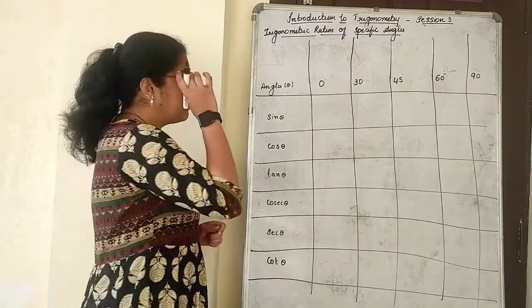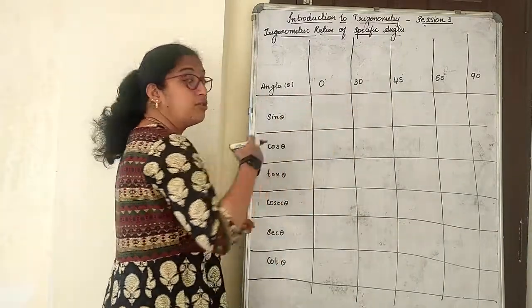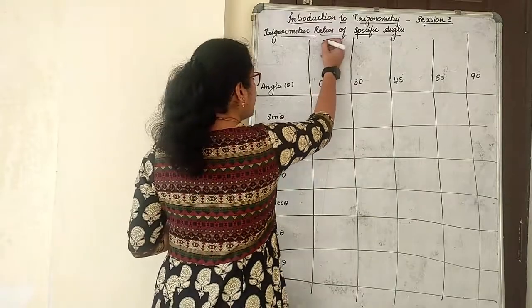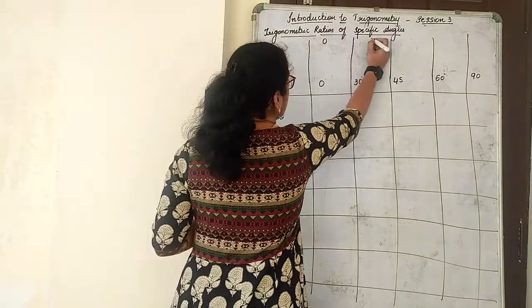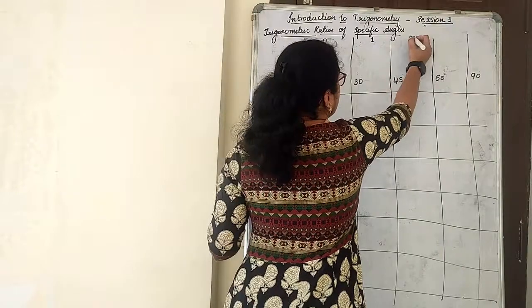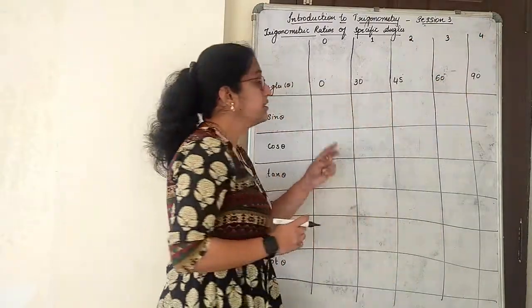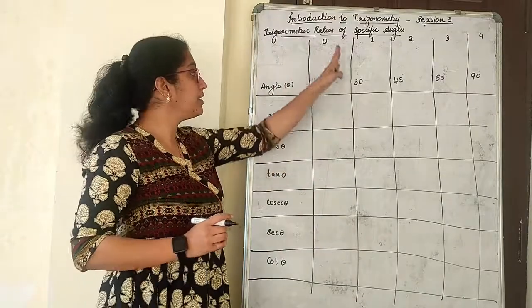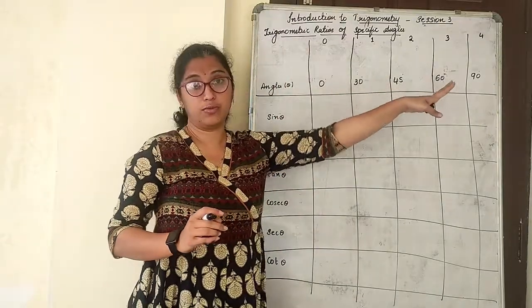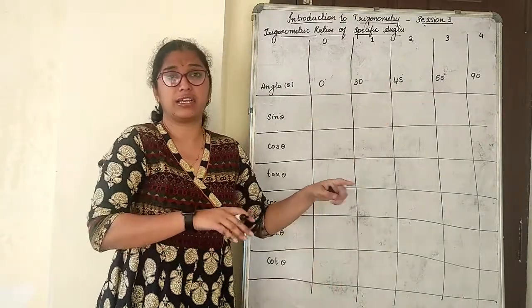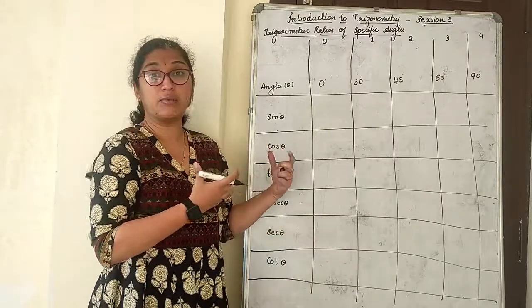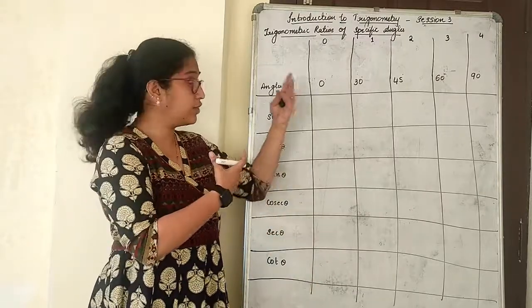The trick is here first. How do we arrive at or how do we remember the angles? Just write the numbers 0, 1, 2, 3, 4. Okay? Just number it in order 0, 1, 2, 3, 4. Why 0, 1, 2, 3, 4? It is a trick. We are not actually following some rules here for these angles.